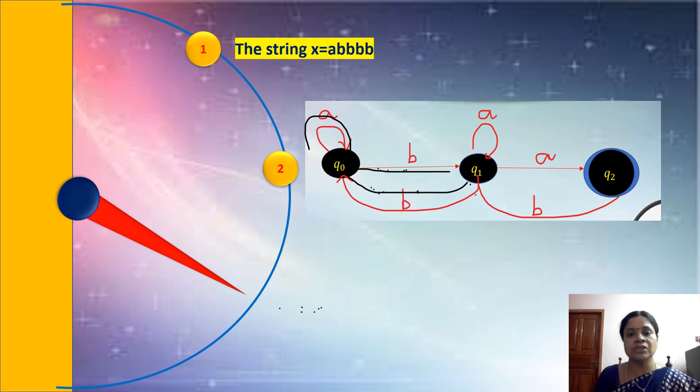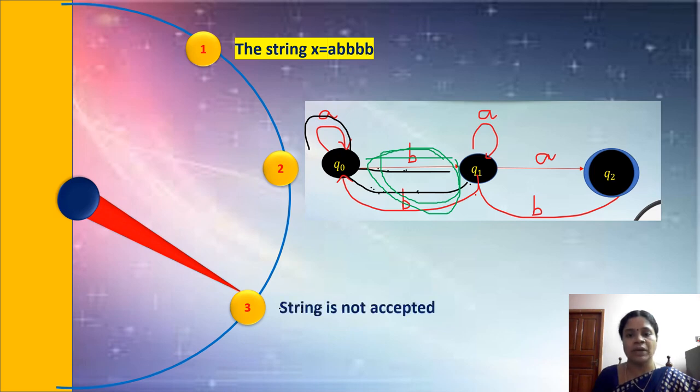Other transitions are possible, that is, we have to read again B to B. So it will form a loop like this, and it does not reach the final state. So the string is not accepted by the automaton.